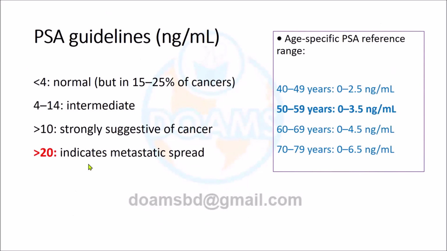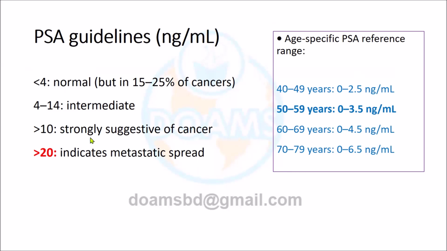For example, again giving a clinical example of PSA. This is a screening test. And try to understand, the scientists have set a value of the range: if the PSA is more than 20, it indicates a spread, metastatic spread.